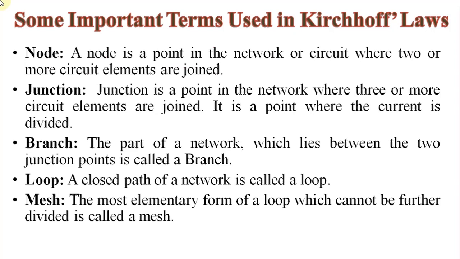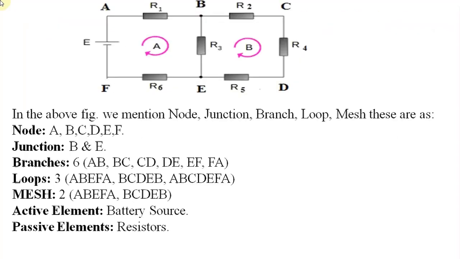Meaning, a node is a point in any network or circuit where two or more circuit elements are joined together. If I talk about the circuit, this is the circuit. If you want to mark nodes on the circuit, as per the definition, a node is a point in the circuit where two or more circuit elements are joined.